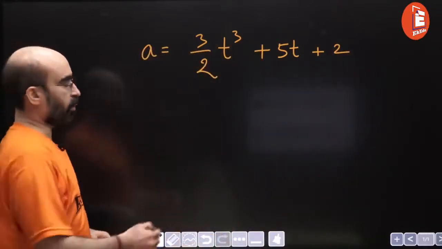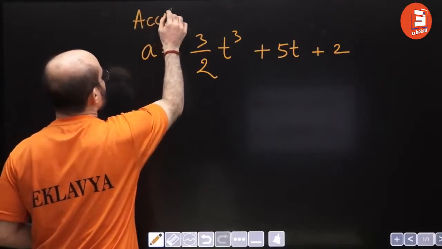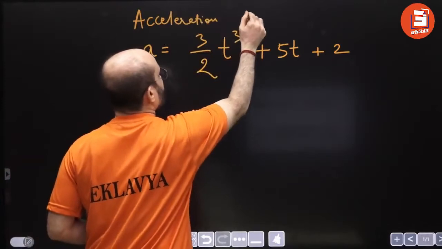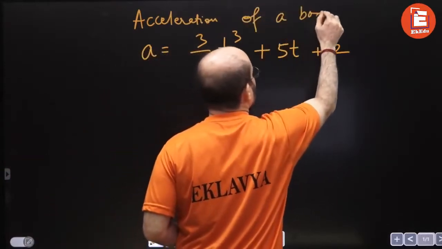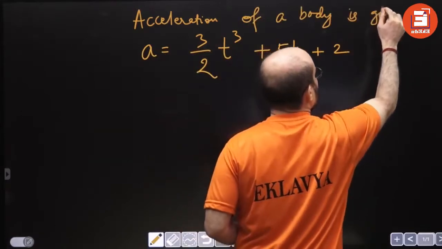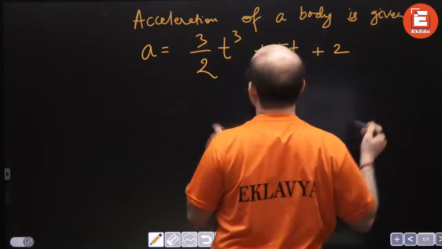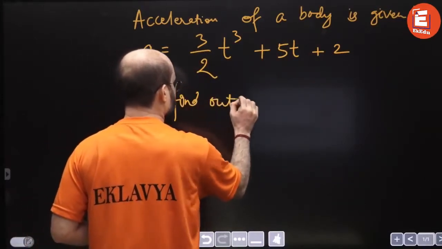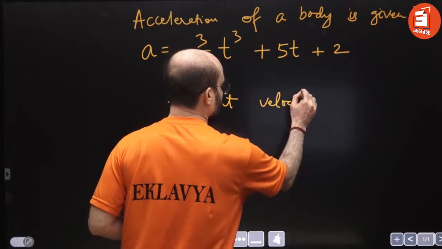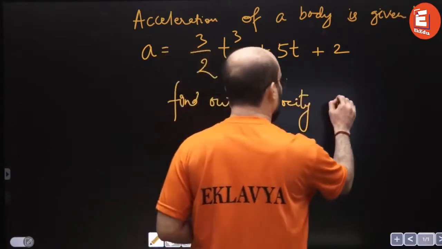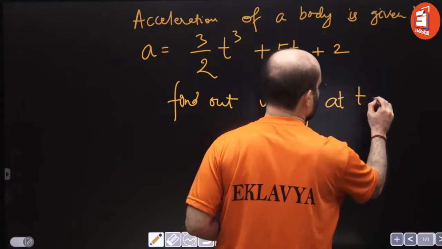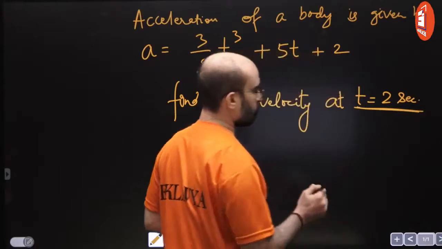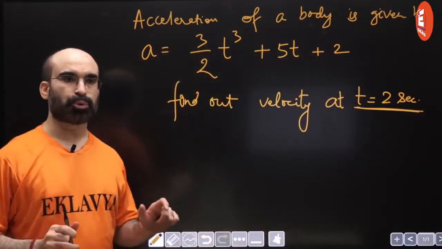If this is the acceleration of a body, find out the velocity at t equals 2 seconds.